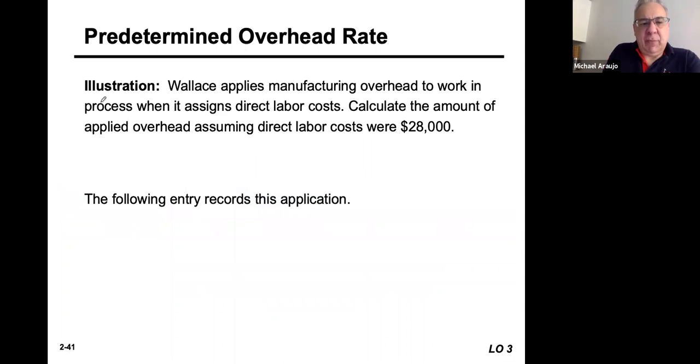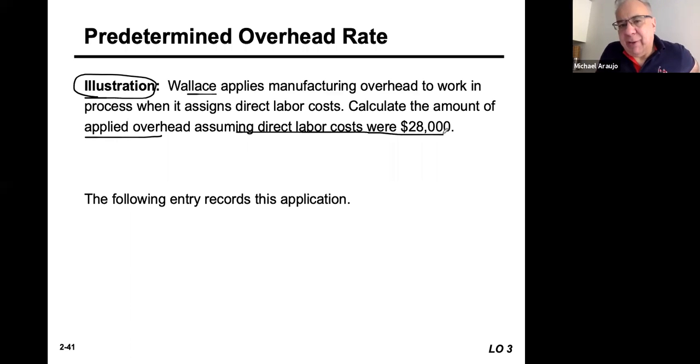Here we go. Here's another illustration on how this works. So here we have Wallace. As you know, Wallace Company applies manufacturing overhead based on direct labor costs. So what is going to be the applied overhead if the direct labor costs are $28,000? Now remember, we just did the predetermined overhead rate for Wallace, right?